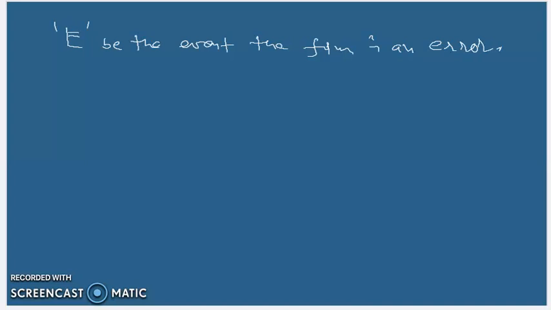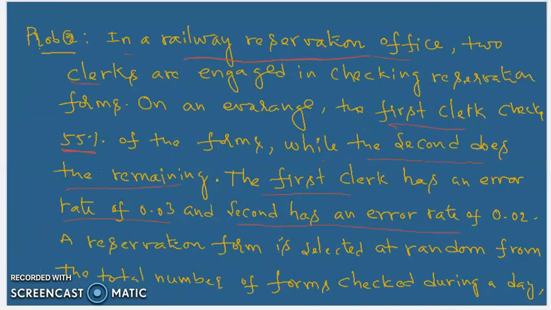So from the given problem, we have the data, that is P of E1. What is the probability of the clerk 1 checked forms? Given that 55% of forms are checked by the first clerk.